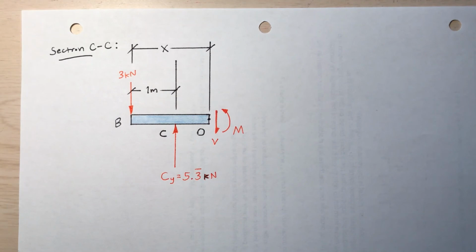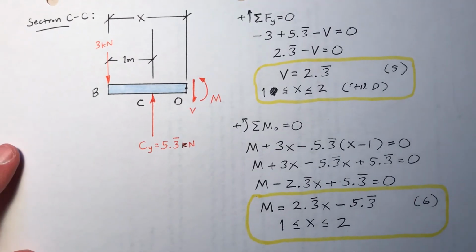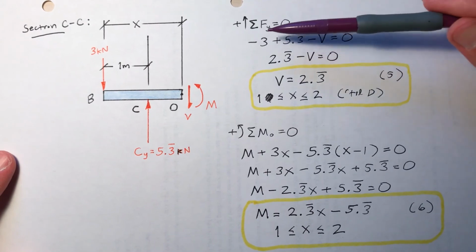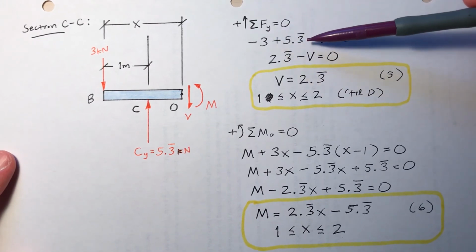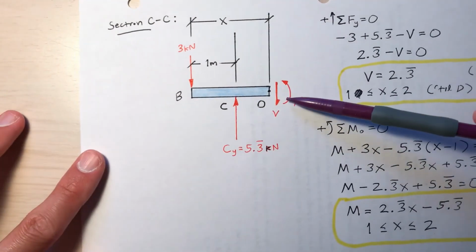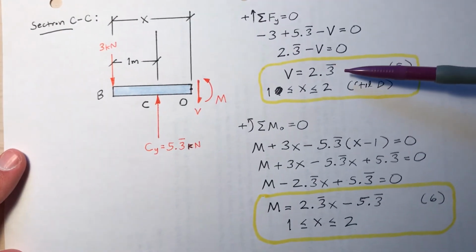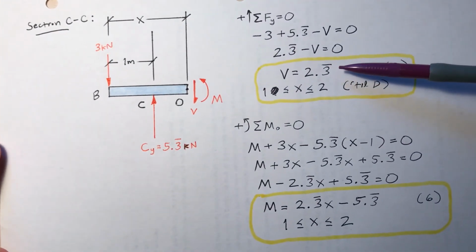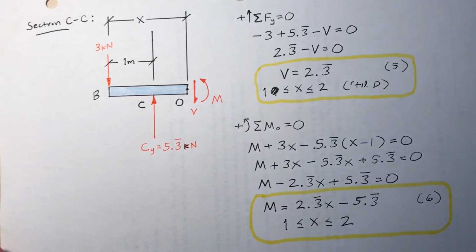Now I'm going to set up equilibrium equations for this segment, and find equations for the shear and the moment at point O, where the cut was made. When I sum the forces in the y direction, I have 3 down, the reaction at C, that's 5 1/3 up, minus the unknown internal reaction at point O. Rewriting this, I find that the internal shear is 2 1/3 kilonewtons.